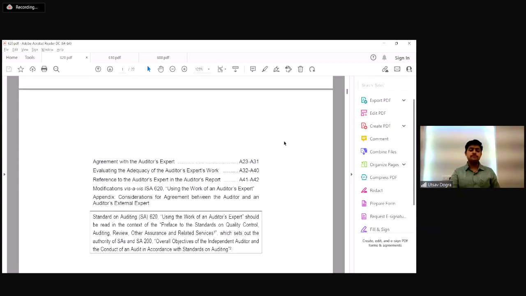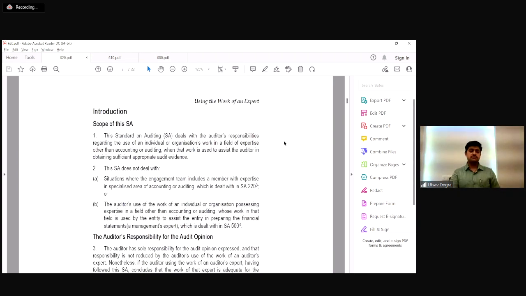So let us first understand about the scope of this standard on auditing. This standard on auditing deals with the auditor's responsibility regarding the use of an individual's or an organization's work in a field of expertise other than that of accounting and auditing.